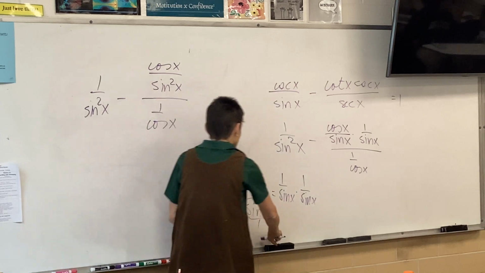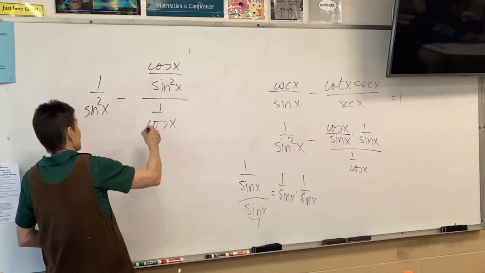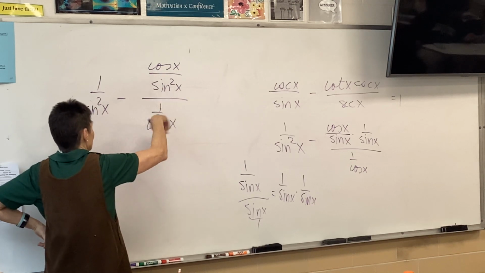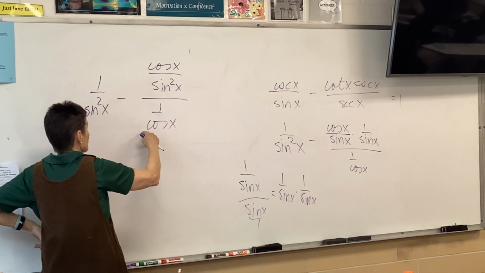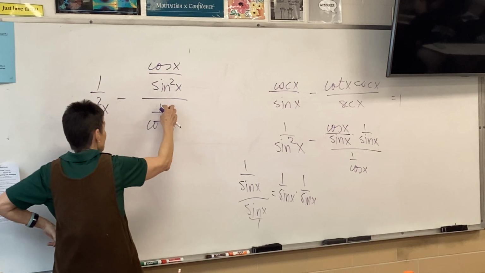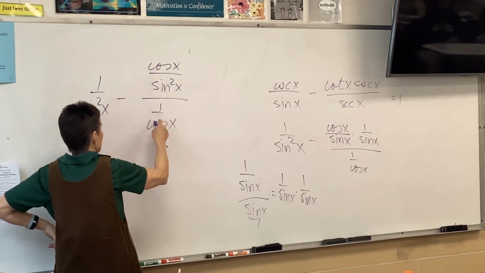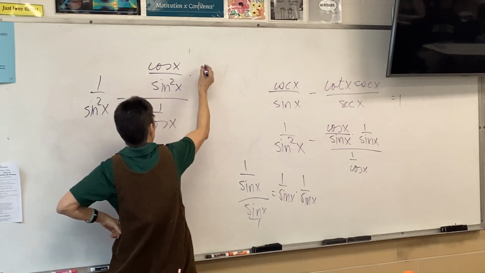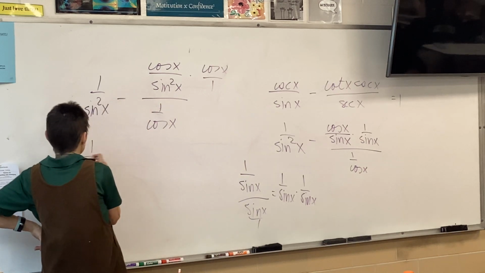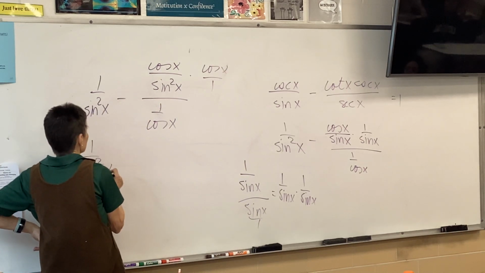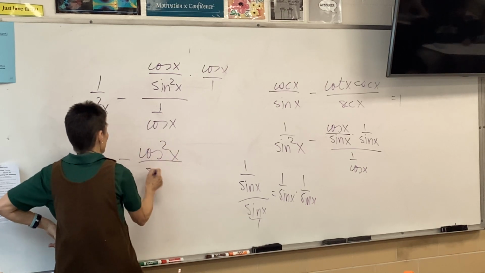Okay, let's put our thinking caps on now and let's come back. Somebody said, let's clean this up. Now, because this is such a simple fraction and we're dividing by 1 over cosine, can I just say that's the same as multiplying by cosine over 1? So I have 1 over sine squared minus cosine squared over sine squared.